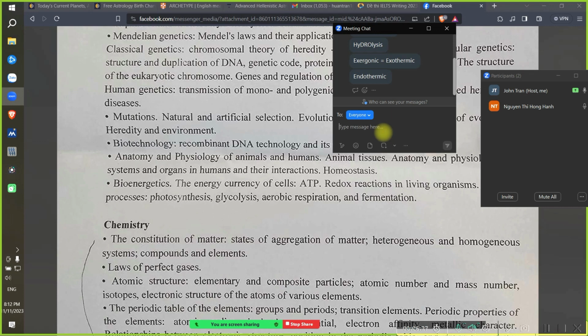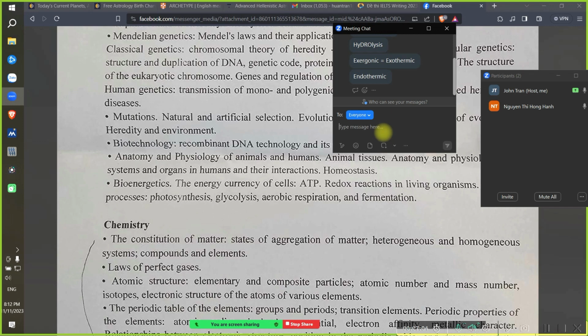And that we call dehydration synthesis. And this kind of reaction is called an endergonic reaction. It is the reverse of the exergonic reaction.